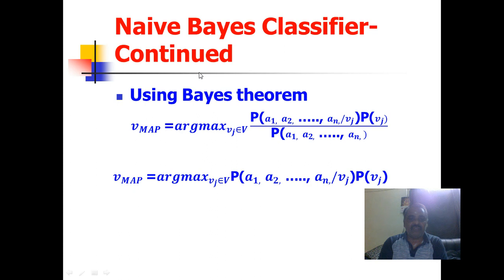Now, for every Vj, this denominator is going to be present, so we can replace it by 1. So V_MAP is equal to argmax over Vj, an element of capital V, of P of A1, A2, and so on up to AN given Vj, into P of Vj.